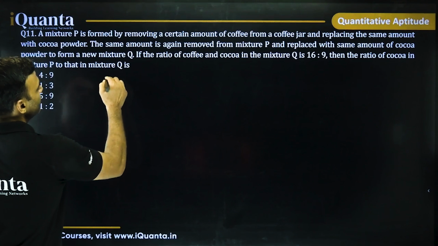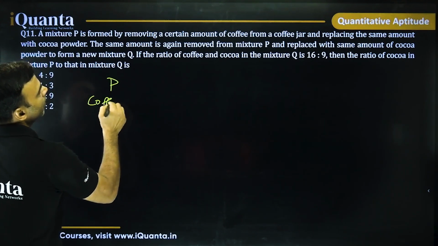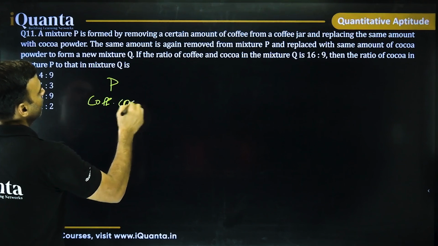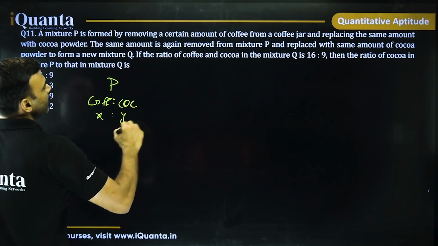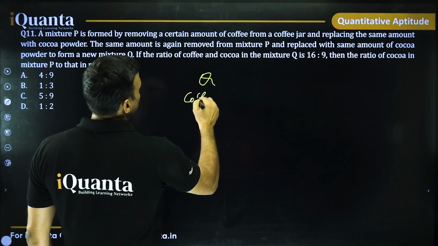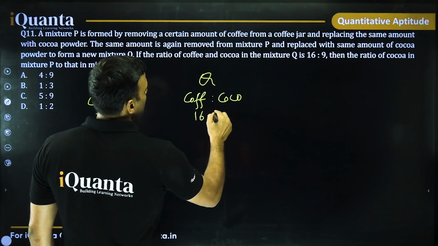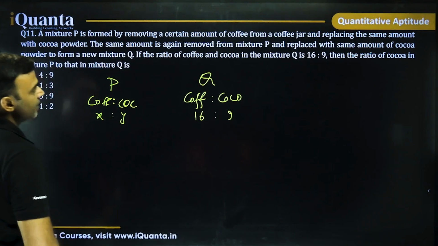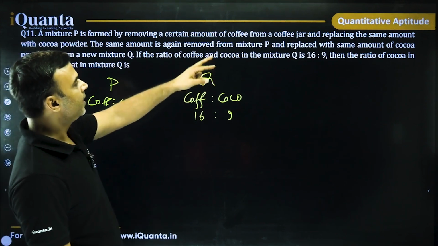Let's assume that in P, coffee is to cocoa is, suppose X is to Y. Okay. In mixture Q, coffee is to cocoa is 16:9. Right? This is a question of replacement. You are removing some quantity out of P and replacing it by cocoa.